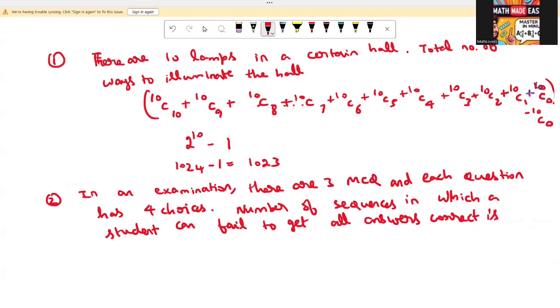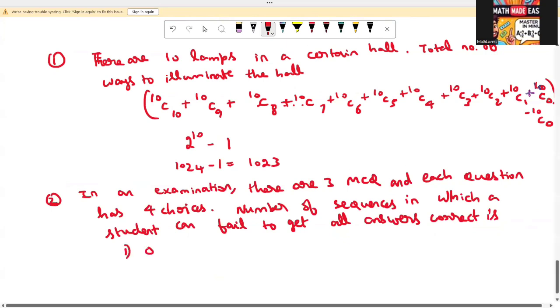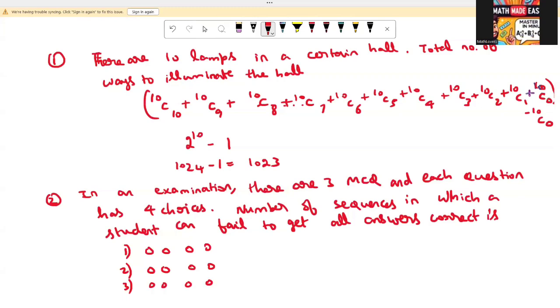Okay, so first let's think about how many ways you can answer. So 4 options. I'll keep them in the way of 4 radio buttons. The 3 questions altogether. So let's say the student is going to click or shade the particular bubble. He could shade either the first one or the second one or the third one or the fourth one.